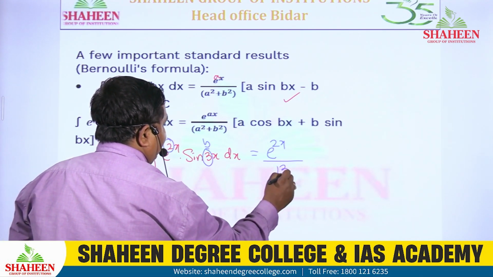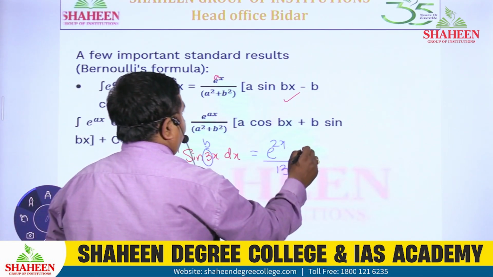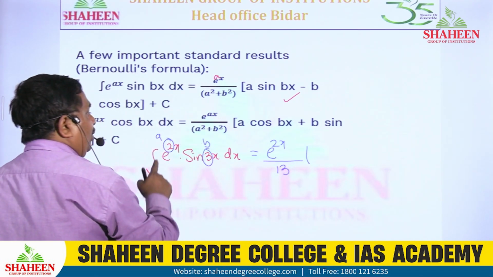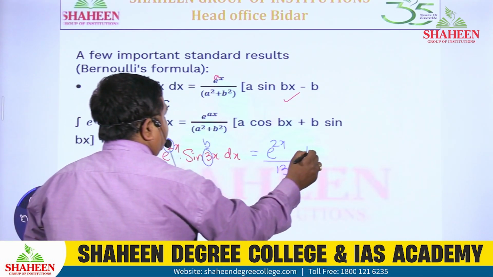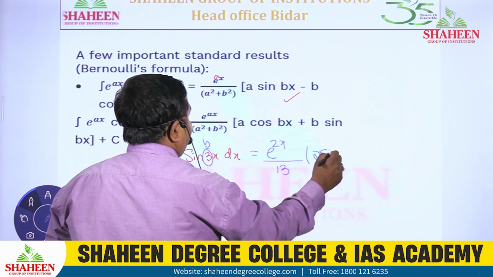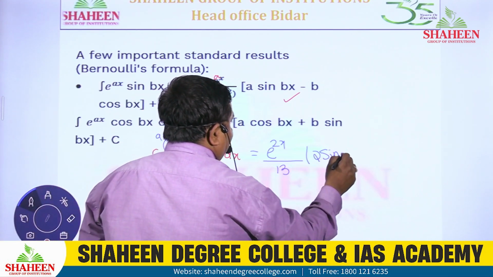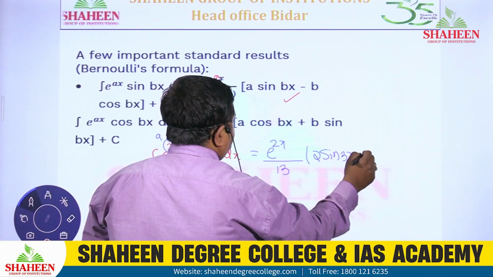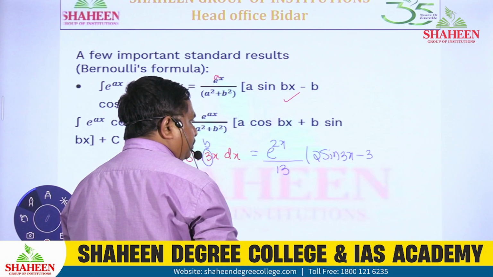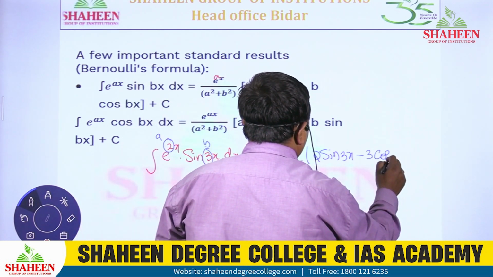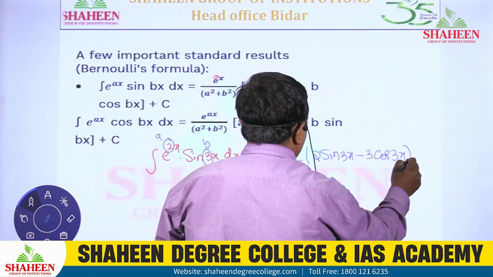Into the a value, which is 2 here, 2 into sine bx, where bx is 3x, so 2 sine 3x, minus b, which means 3 cos 3x, plus c.